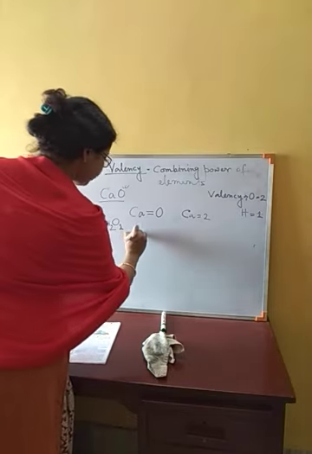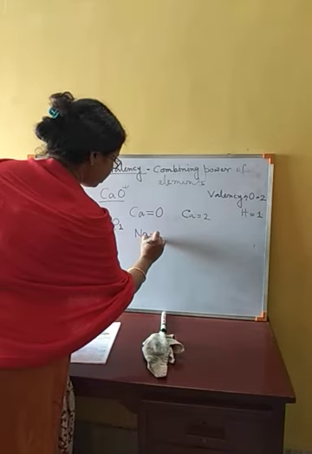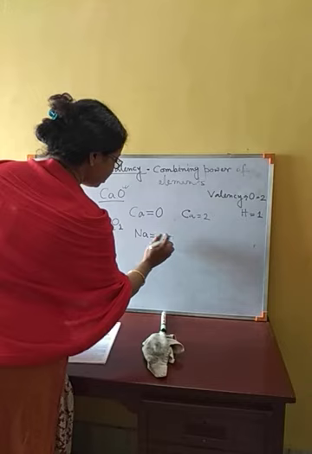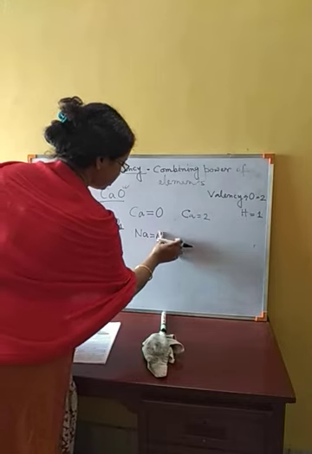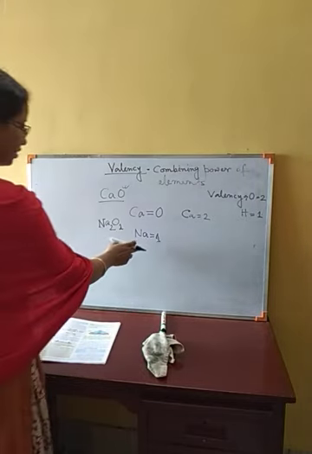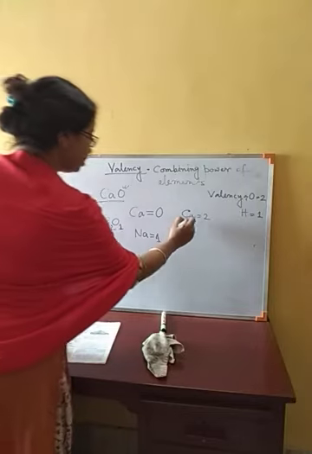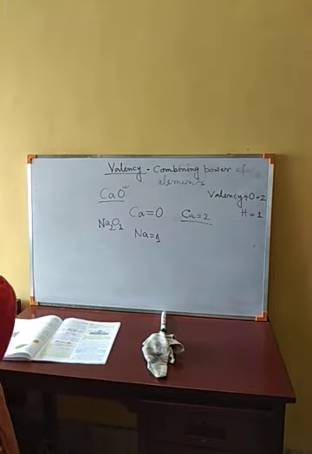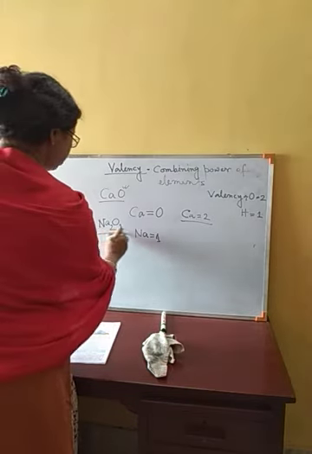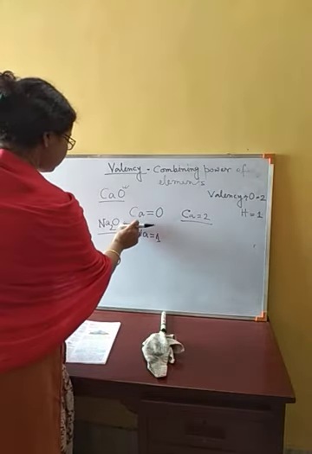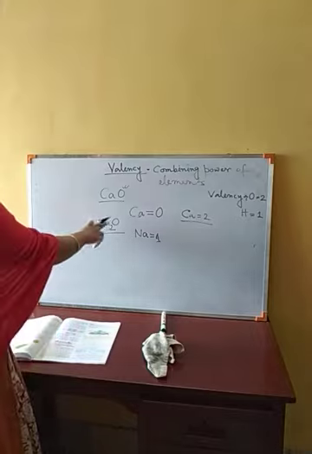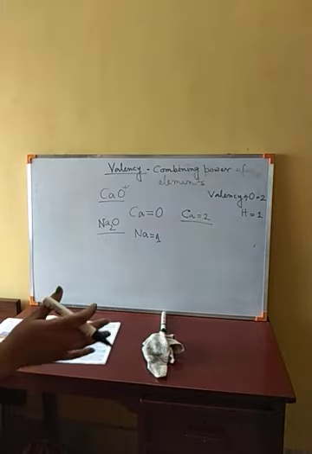So sodium's valency is 1 and calcium's valency is 2. So we write only Na2O.